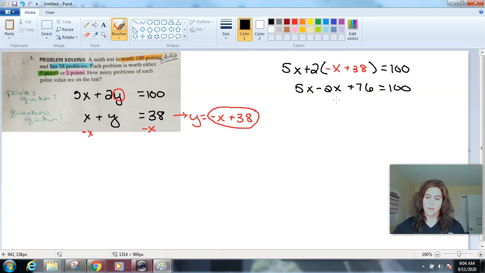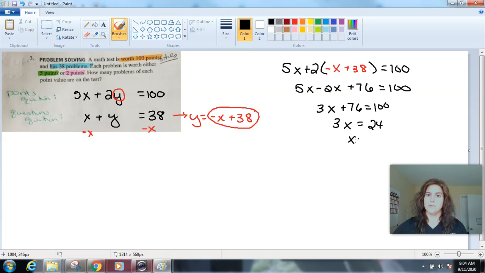All right. And then again, I would solve what I could here. So I would combine the 5x and the negative 2x because they're on the same side. That gives me 3x.